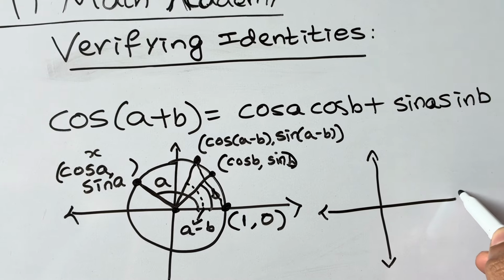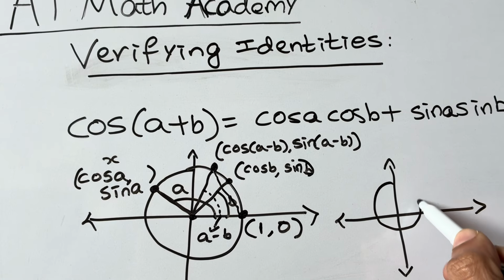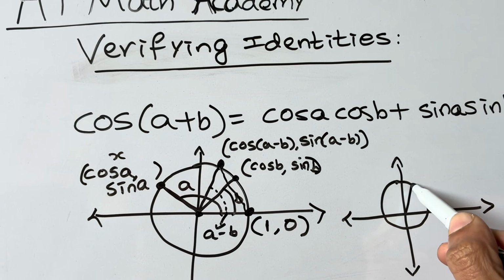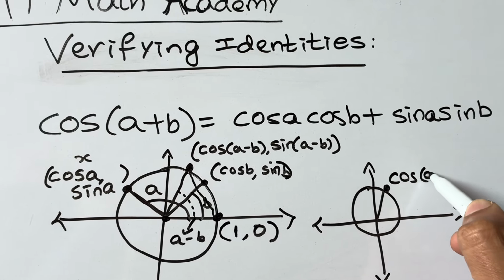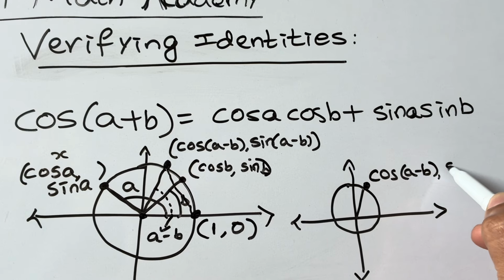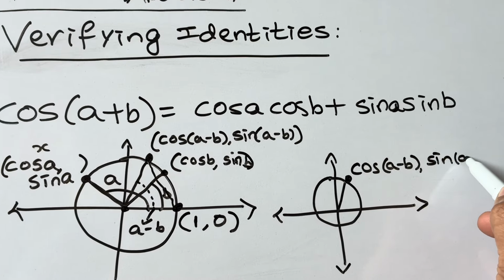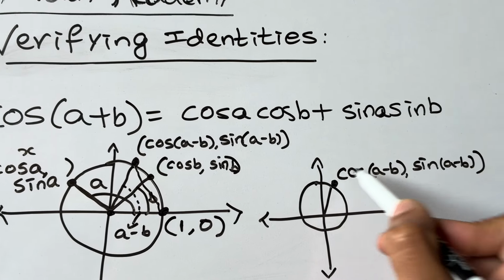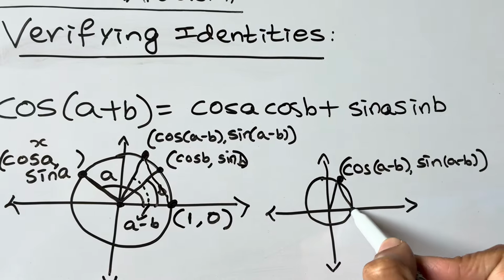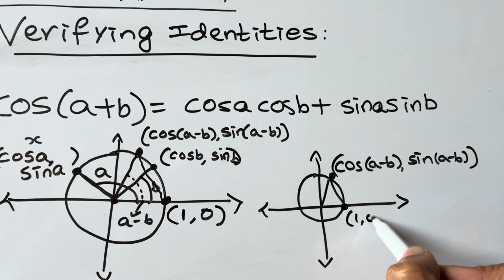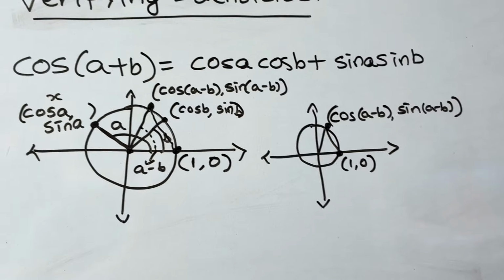This is my coordinate plane and this is a circle. I'm taking my one point of cos of A minus B and sine of A minus B, and dropping the line here. Here I have my 1, 0 for the unit circle.